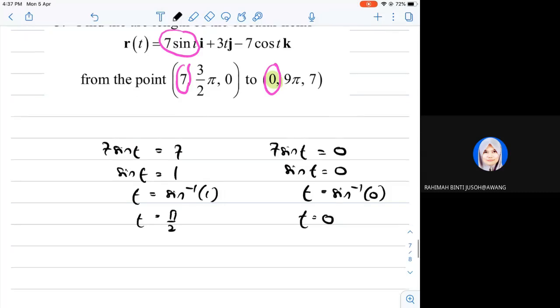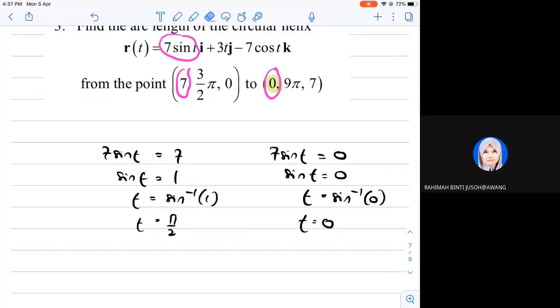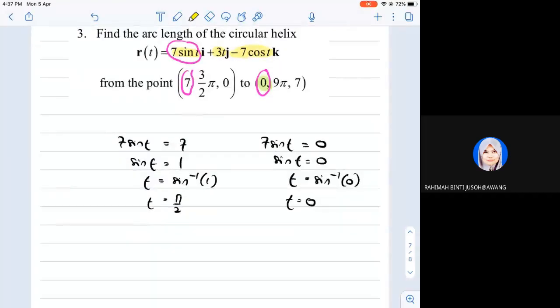So kalau you gantikan 0 dalam you punya koordinat ni, setiap elemen ni 7 sin T, 3T dengan negatif 7 cos T. Okay, contoh kita tengok dapat tak balik titik 0, 9 pi, 7 kalau you gantikan T equals to 0. Okay, so R0 sama dengan 7 sin 0, lepas tu 3 kali 0, 0 kan, and then negative 7 cos 0.